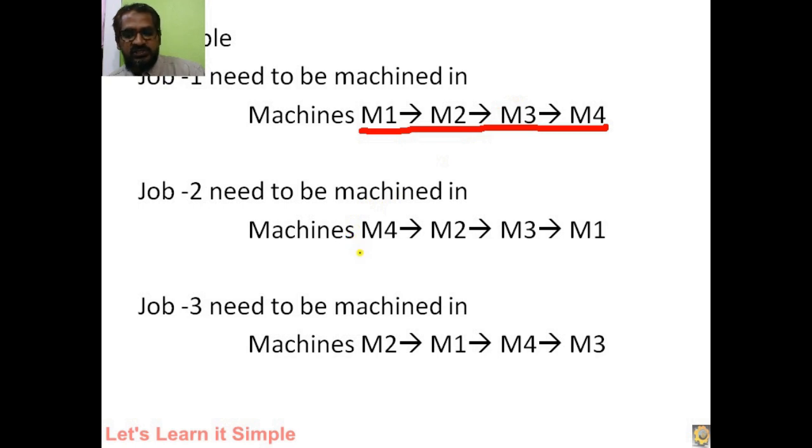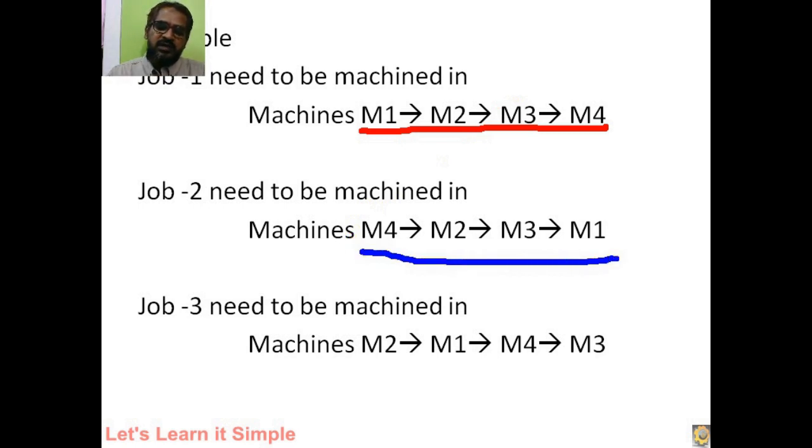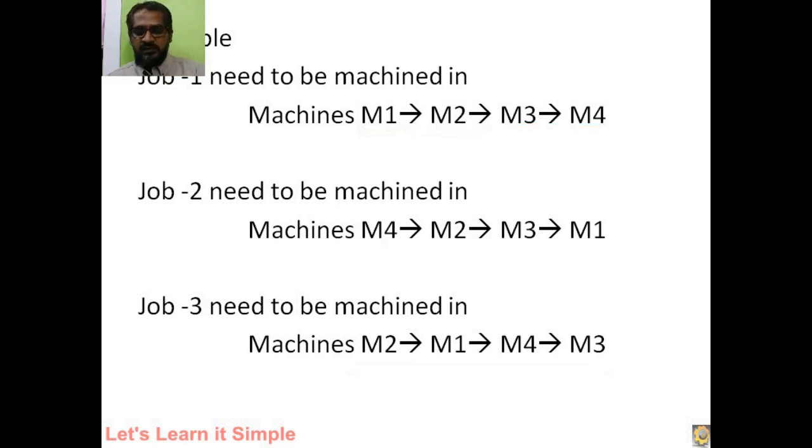The second job follows a different path: M4 to M2 to M3, and it exits after it is processed at machine 3. The third job goes to M2 first, then to M1, then to M4, then to M3. So an example is given.